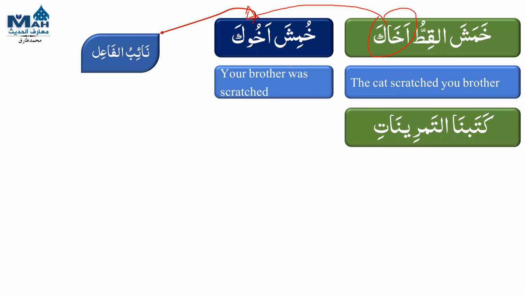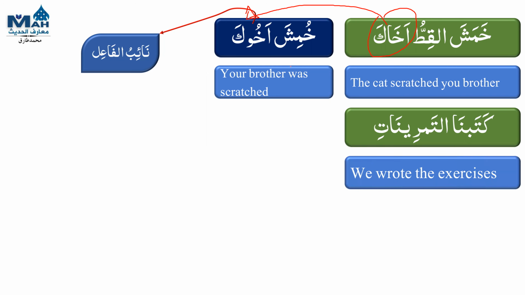Katabna at-tamrinat. What does tamrinat mean? Tamrinat means exercises. Okay, we wrote exercises. Now you want to make it majhul, what will you do?